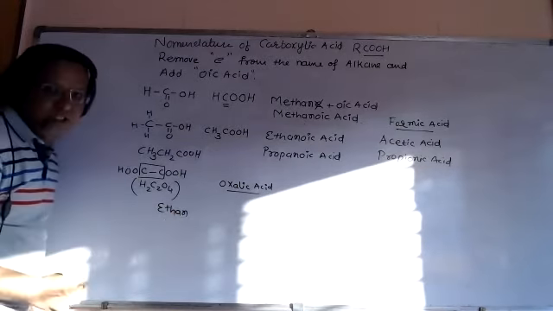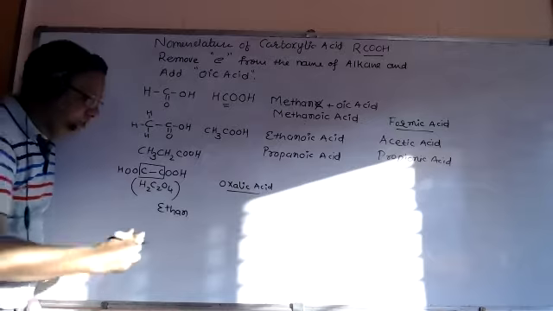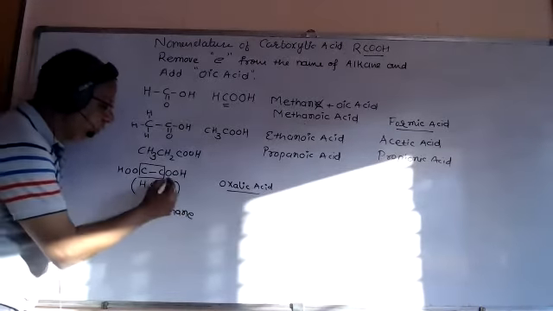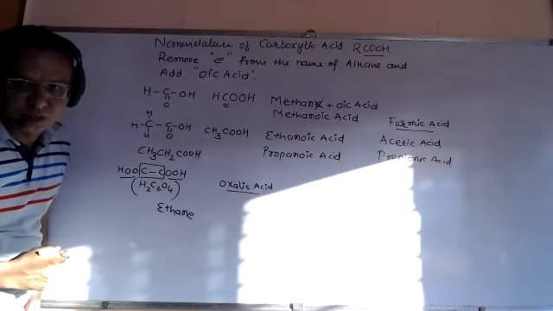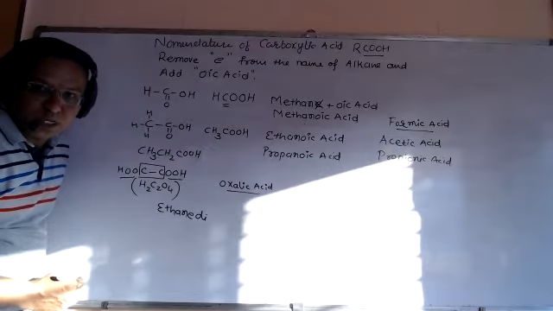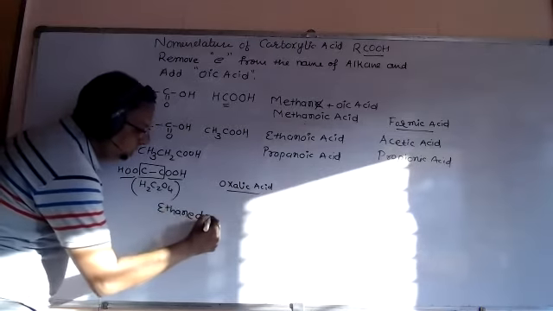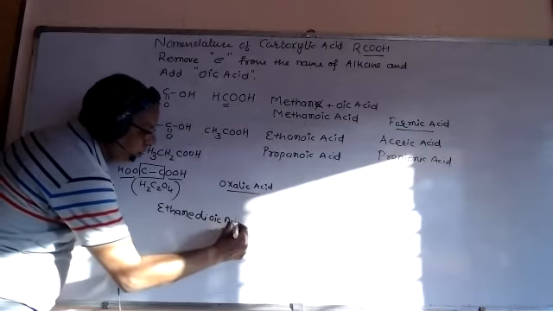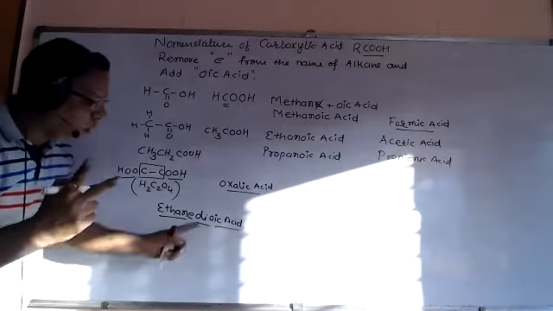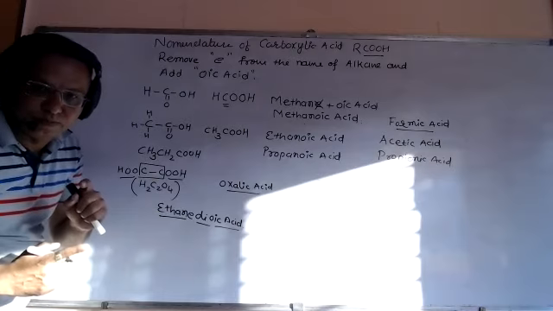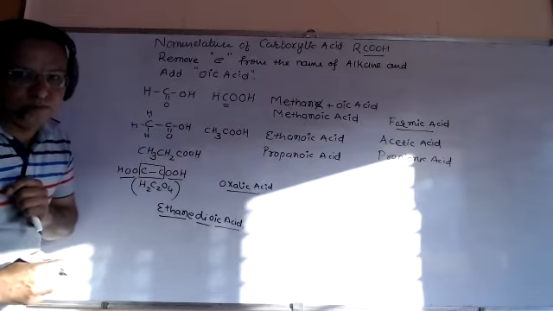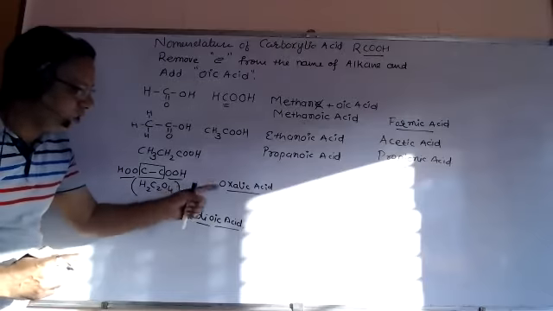That's why ethane is there, and ethane without removing E. And friends, two times COOH is there. Two times it is di. Double OH, oic acid. So it's ethane dioic acid. Di for two, oic acid for COOH. That's why it is ethane dioic acid. Its common name is oxalic acid.